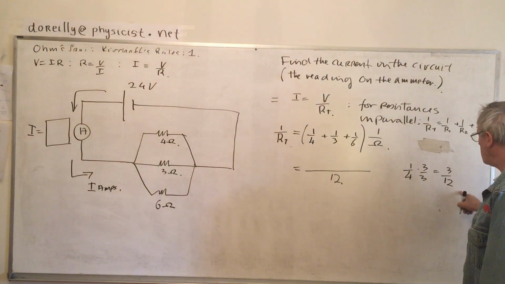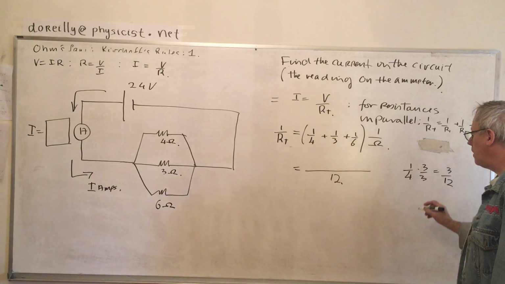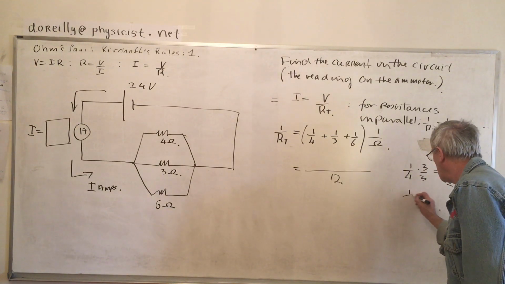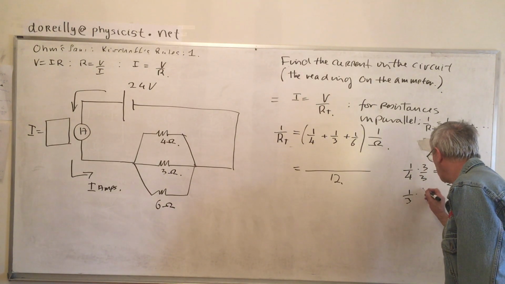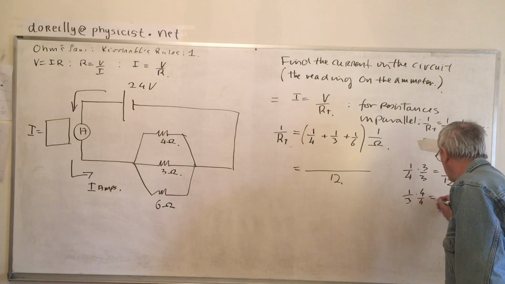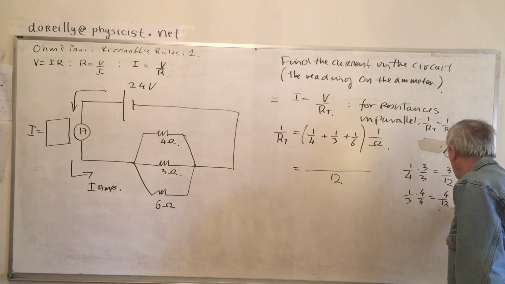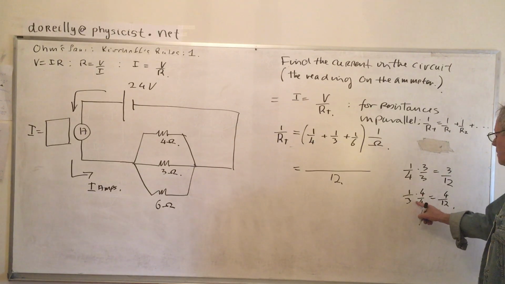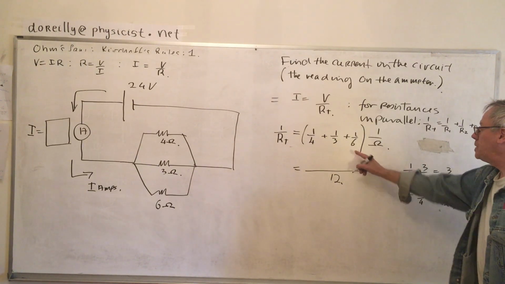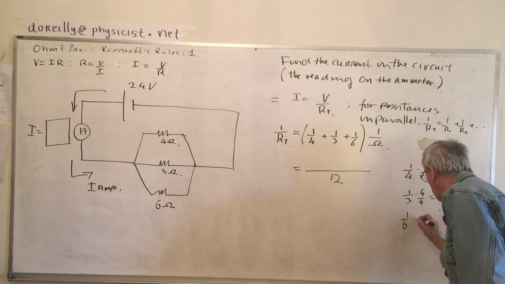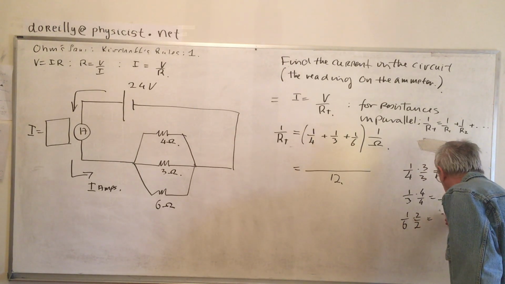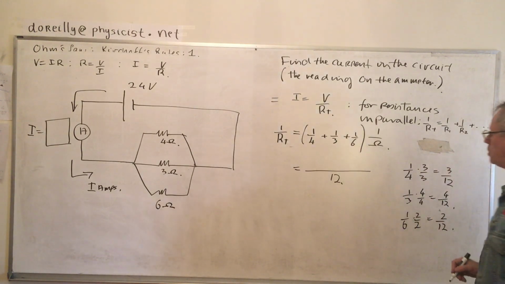One-fourth is the same as 3/12. Multiply above and below the line by the same thing, you don't change the value of the expression. 1/3 times 4 over 4 is 4/12. 1/6 is the same as 2 over 12.